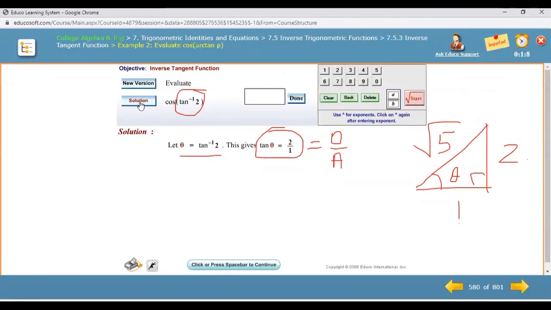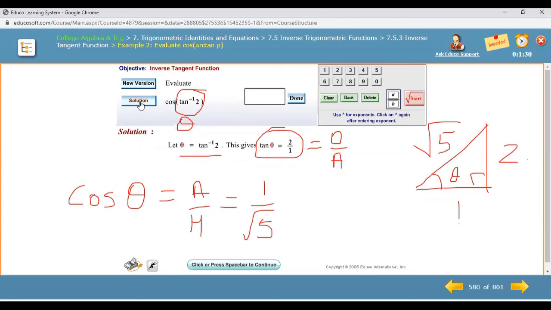Now we have the triangle. Since I called this theta, I'm just trying to calculate cosine of theta. Cosine of theta is what? Adjacent over hypotenuse. Adjacent over hypotenuse gives me, that's it, that's the answer.